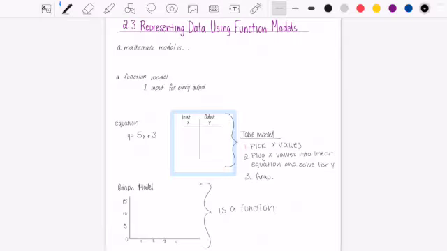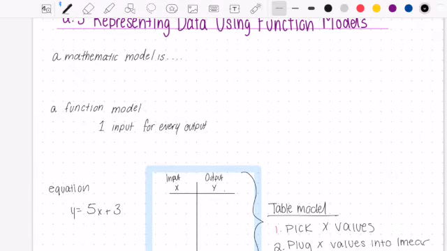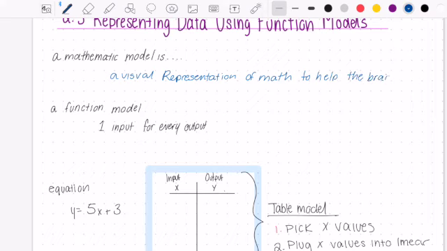If we want to talk about what we're going to do with a function, we can represent data using function models. A mathematical model is a visual representation of math to help the brain see it.